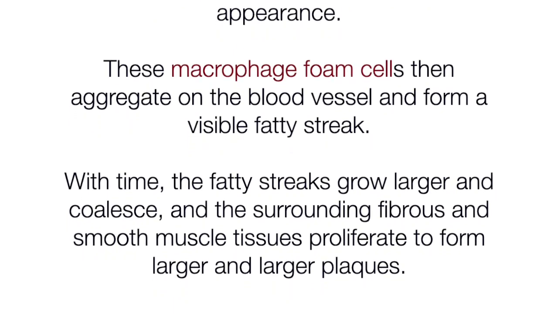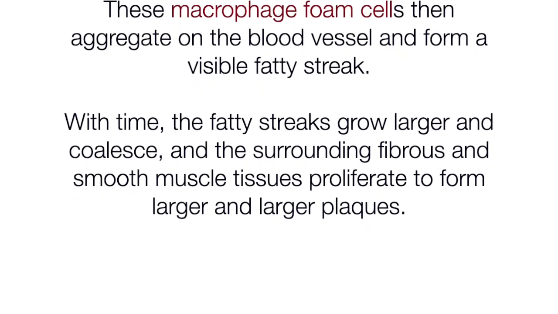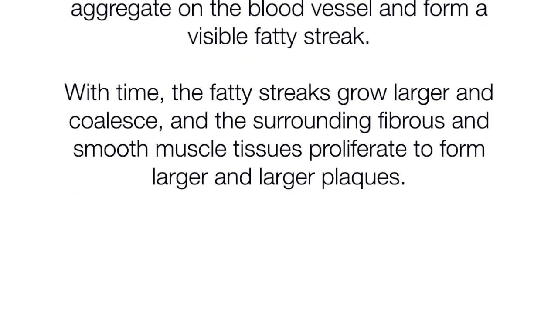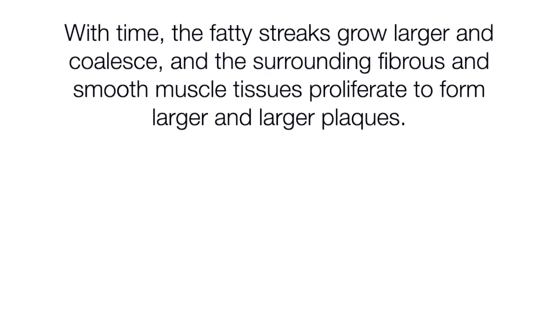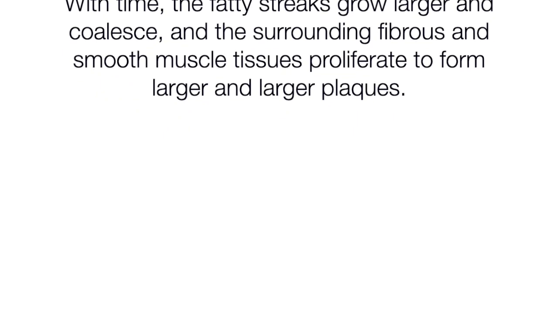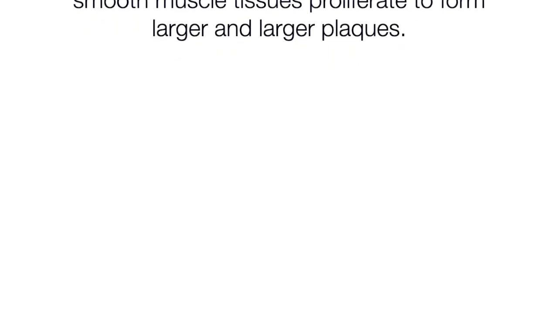These macrophage foam cells then aggregate on the blood vessel and form a visible fatty streak. With time, the fatty streaks grow larger and coalesce, and the surrounding fibrous and smooth muscle tissue proliferate to form larger and larger plaques.